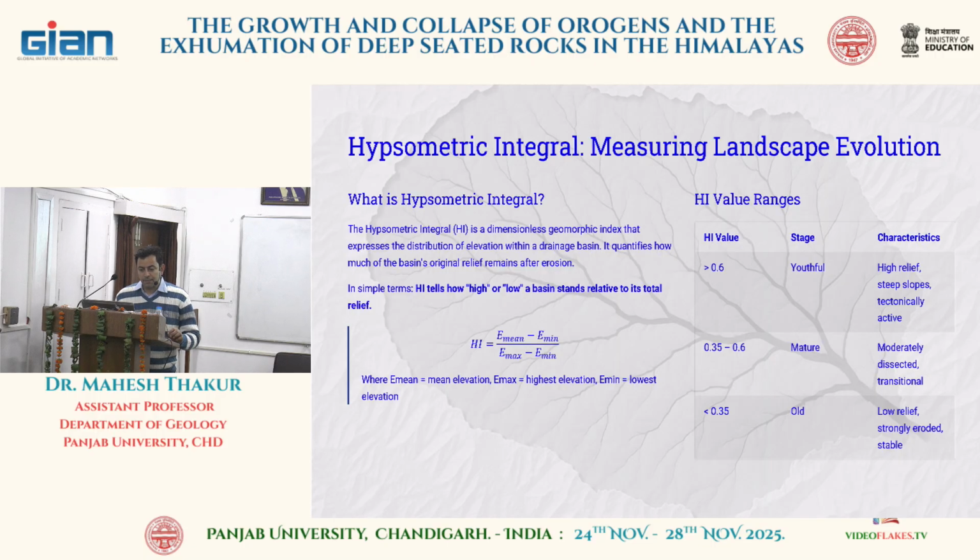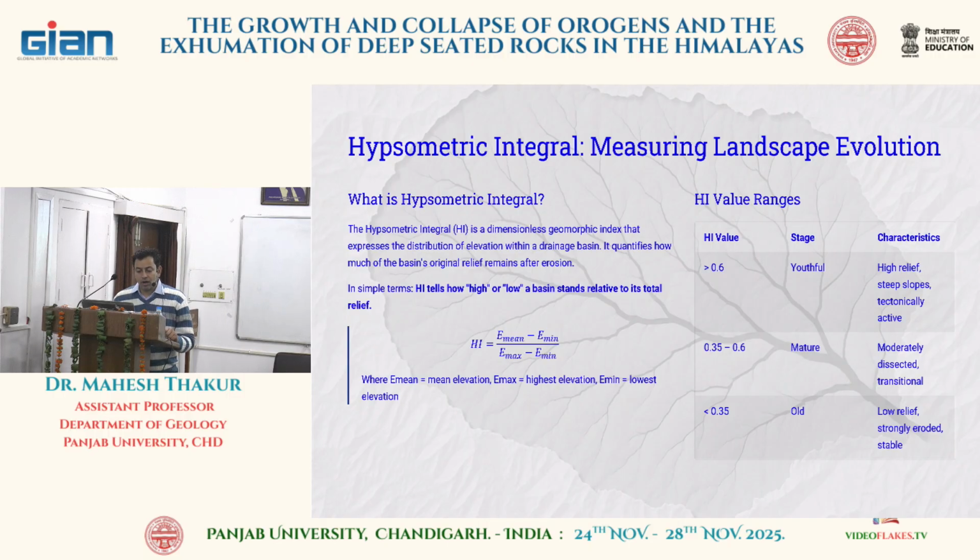So next, this is the second exercise, hypsometric integral, that is basically measuring landscape evolution. So what is a hypsometric integral? The hypsometric integral, which is HI, is a dimensionless geomorphic index that expresses the distribution of elevation within a drainage basin.